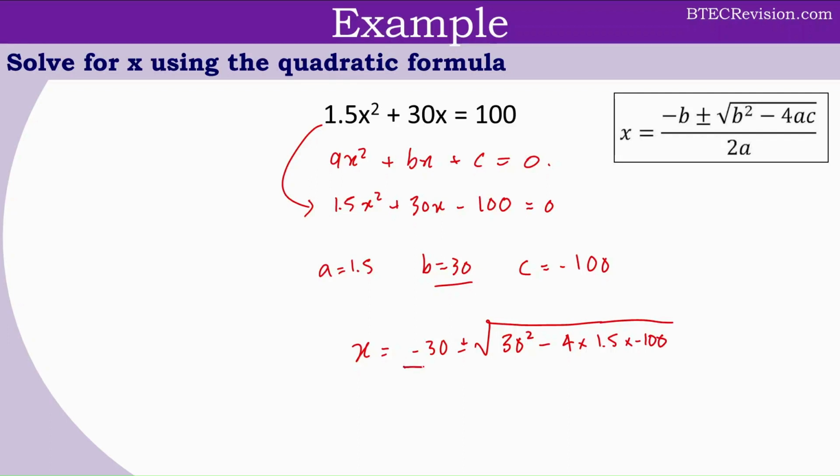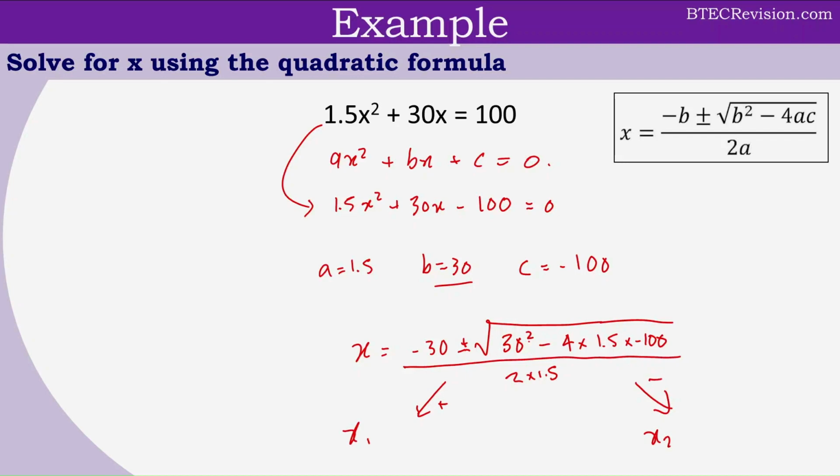And we will divide all of that by 2a, which is 2 times 1.5. Now you can see here there is a plus and a minus, which represents that we can have two answers. So this will be x1, where we would add, and the second would be x2, where we would take away this term here.